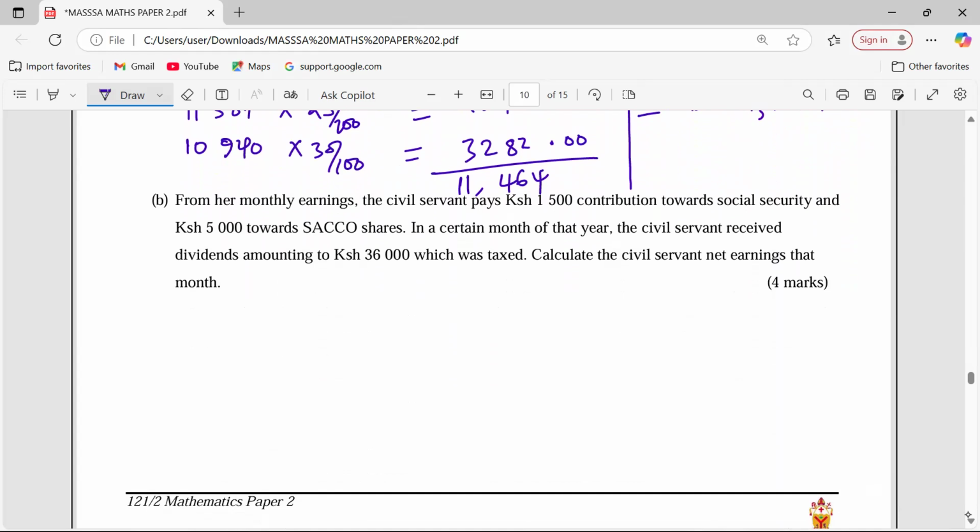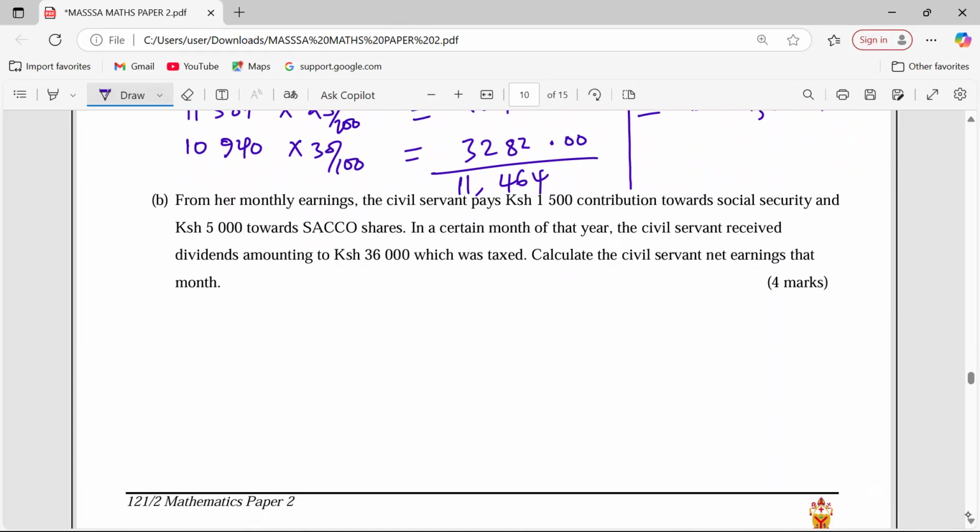Now we proceed to part B of this. From our monthly earnings, the civil servant pays 1,500 Kenya shillings contribution towards social security and 5,000 Kenya shillings towards SACCO shares.